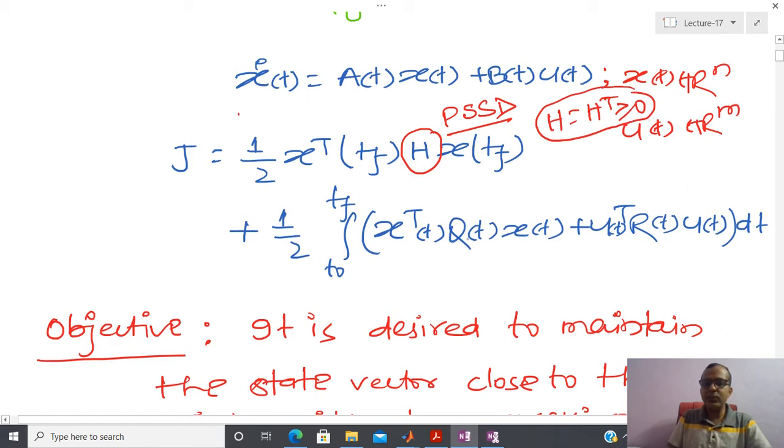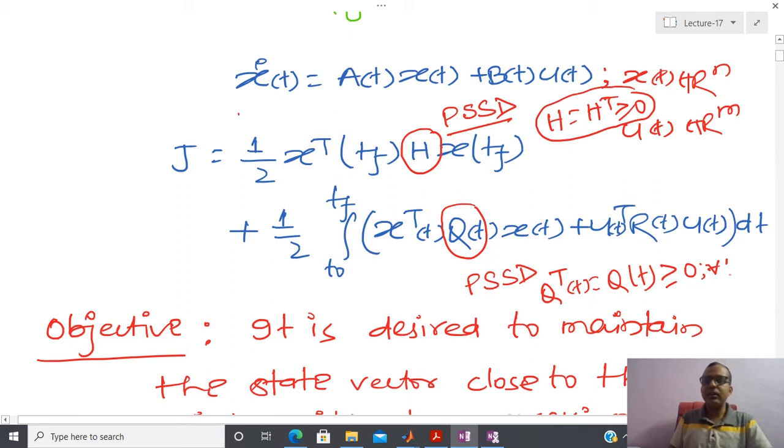Here the Q(t) matrix, for all t, is again a positive symmetric semi-definite matrix. So Q(t) transpose equals Q(t), and that should be greater than or equal to 0 for all t. Whatever I am saying is valid for all possible t. A similar situation applies to R(t).